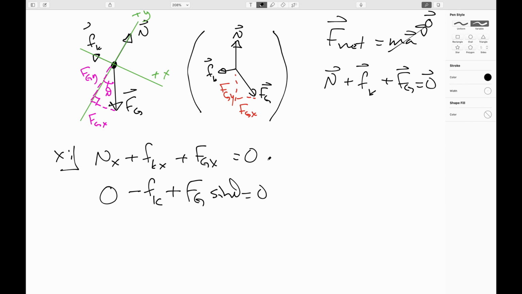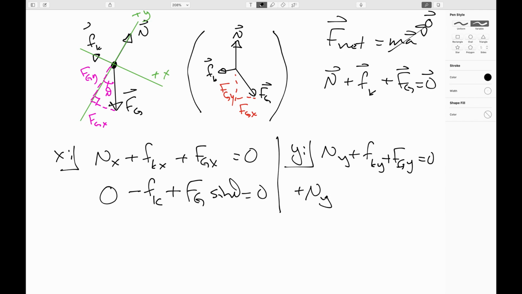Okay, now let's go to the land of y and do the same thing. So ny plus fky plus fgy equals 0. Well, the normal force is entirely along y, and it's acting in the plus y direction, so we can just write plus ny. Force of kinetic friction is entirely along x. There's none of it along y.